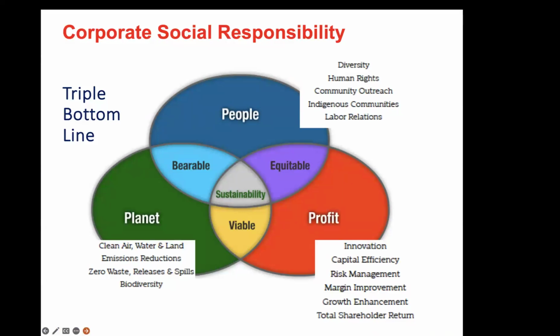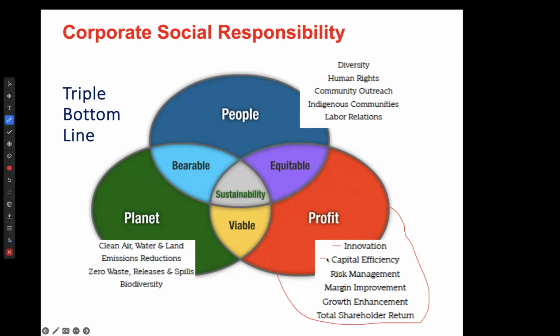And when we talk about responsibility, we talk about the triple bottom line. The triple bottom line is actually a theory where we use the three P's: profit, people, and planet. Profit means you need to undertake certain initiatives in the organization to generate bottom line growth, bottom line profits.